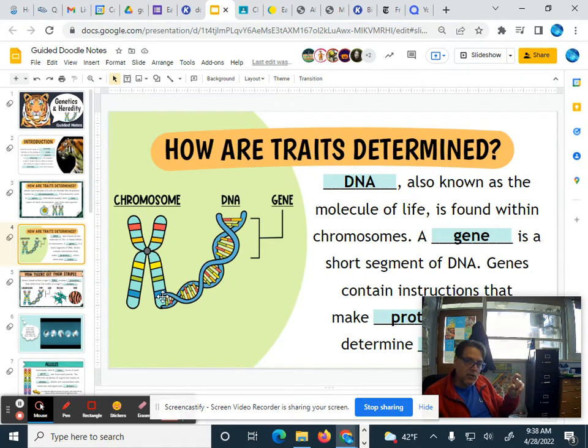If we were to pull this chromosome apart, we could pull out strings of DNA, DNA being the molecule that makes up the double helix structure that has that code in it. Sections of that code that actually give instructions for a trait are the genes.